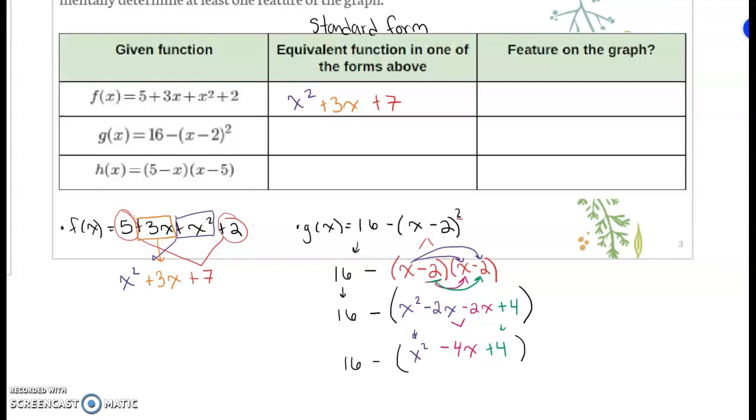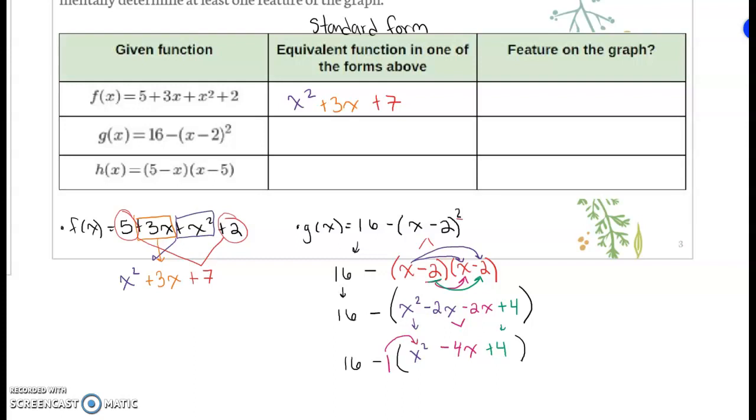So now here comes the interesting part. This negative sign actually has to be distributed into our parentheses here, because remember, anything on the outside needs to be distributed. So we factored and foiled the x squared, so that way now we can deal with this negative 1 out in front of the parentheses.